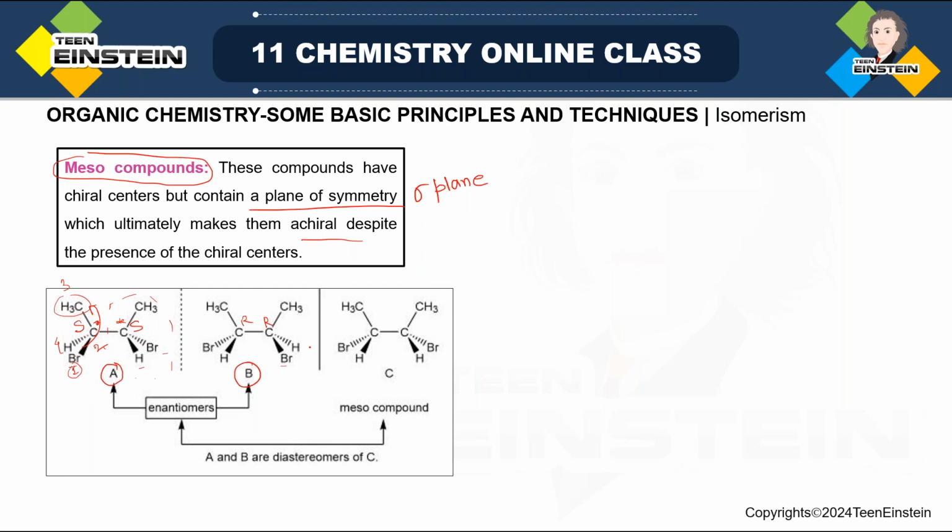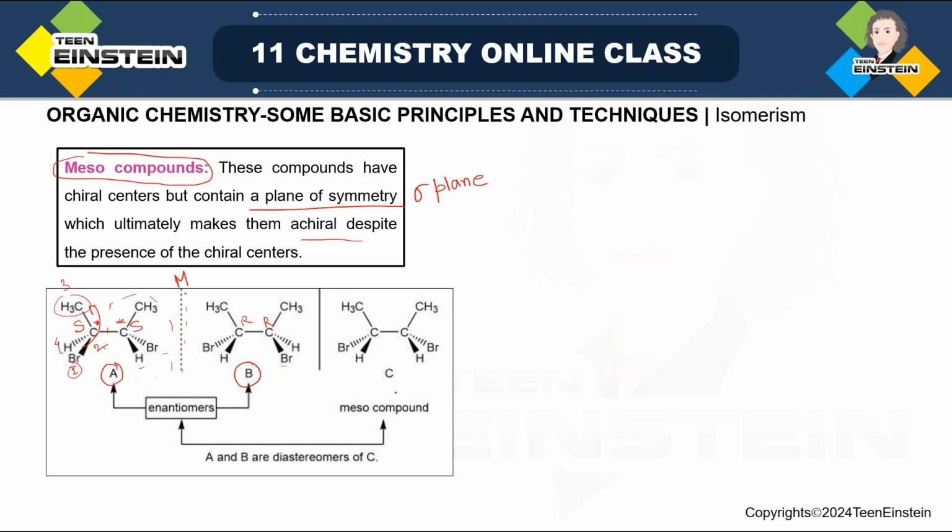Another way to understand A and B is that these two are mirror images of each other. If you consider this as the mirror, I am writing M here, you will see these two are mirror images of each other. So another way to understand that these two are enantiomers. But in these two molecules, you will not find any plane of symmetry which can cut the molecule and give you similar halves on both sides. No, you cannot have any sigma plane.